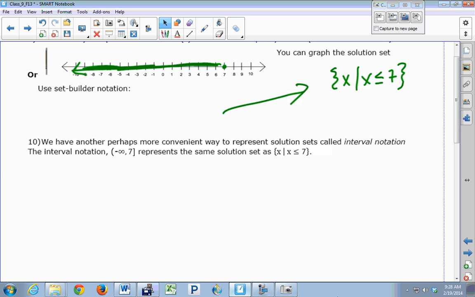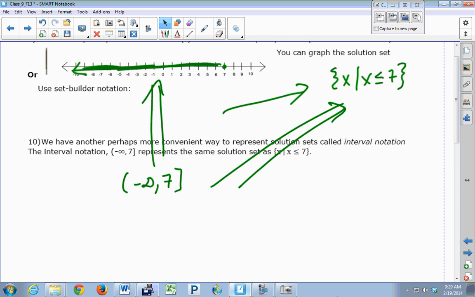This is how we represent this picture and this set with interval notation. This says exactly the same thing. So let me explain how we use interval notation. Interval notation always has your smaller number first.